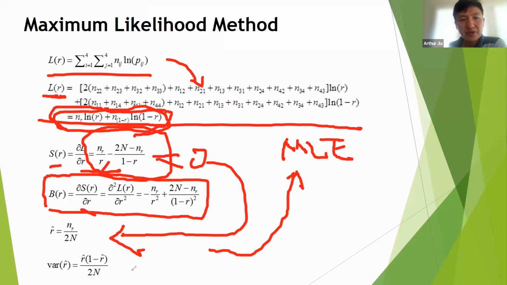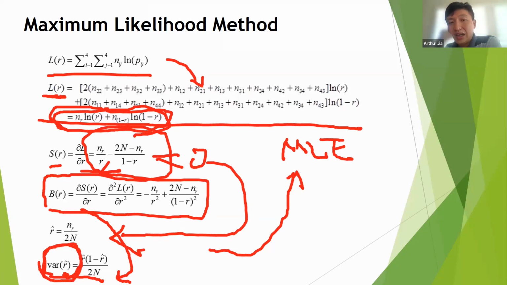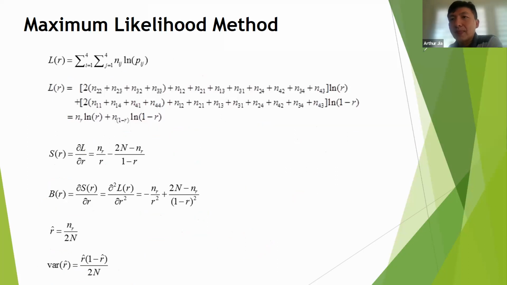This gives you information about the information matrix, which can be used to derive the variance of your MLE. You always want to calculate the variance of this MLE, because it tells you how accurate your estimation of the R is.